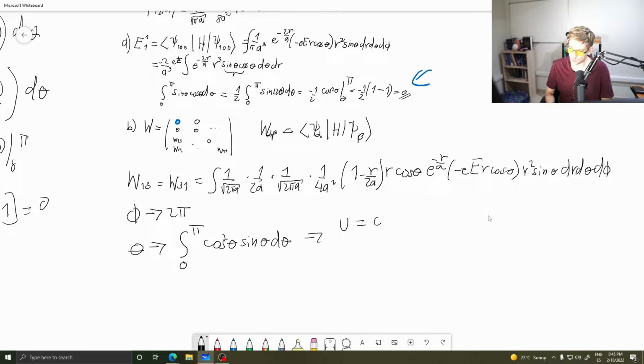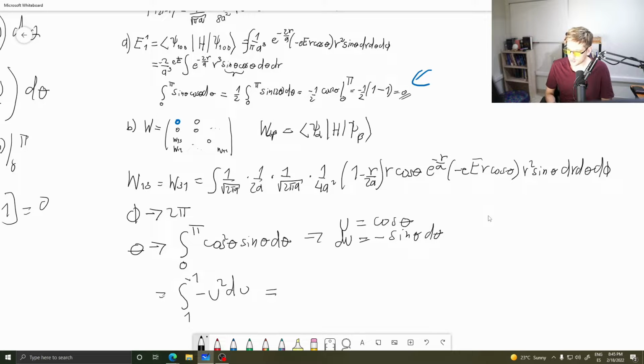So we say u will be cosine of theta, du will be the derivative, so minus sine of theta d theta. Thus we can rewrite this integral from, let's see, the starting point: if theta is 0, we get 1, and if theta is pi, we get minus 1. Cosine is u, so we get u squared du, but with a minus sign.